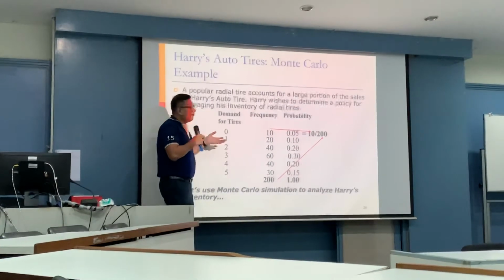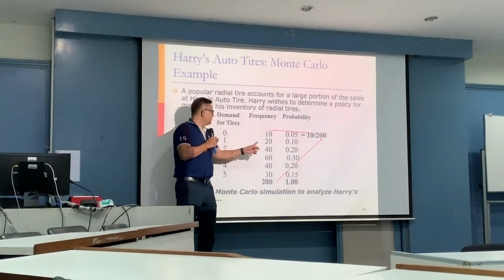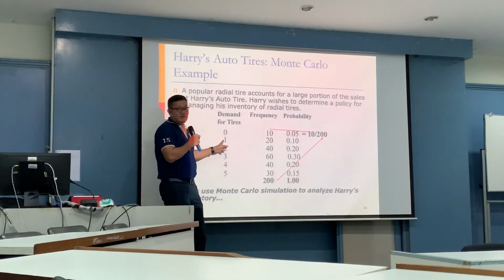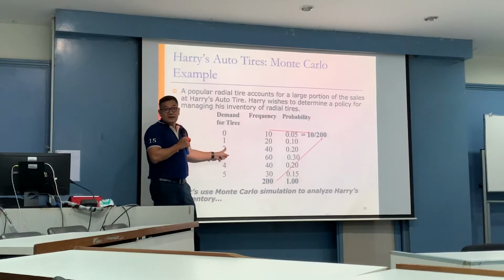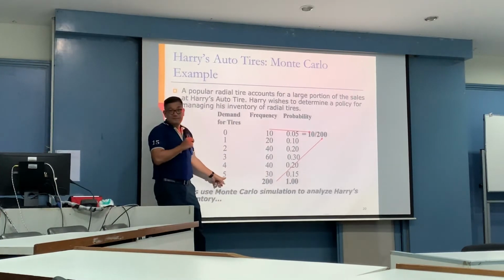The expected value for the demand, in this case, is 0.05 or 5% multiplied by 0, plus 0.1 or 10% multiplied by 1, plus 0.2 or 20% multiplied by 2, right? Until you reach the last one, 0.15 multiplied by 5.